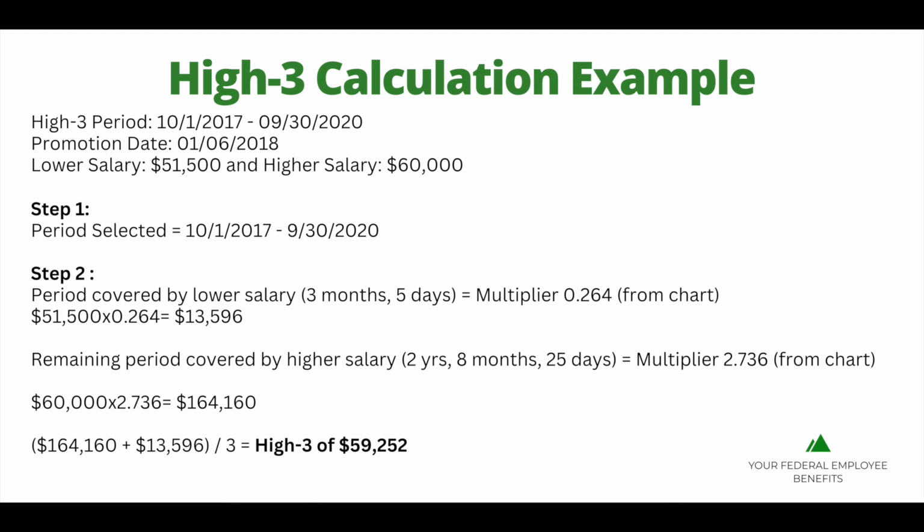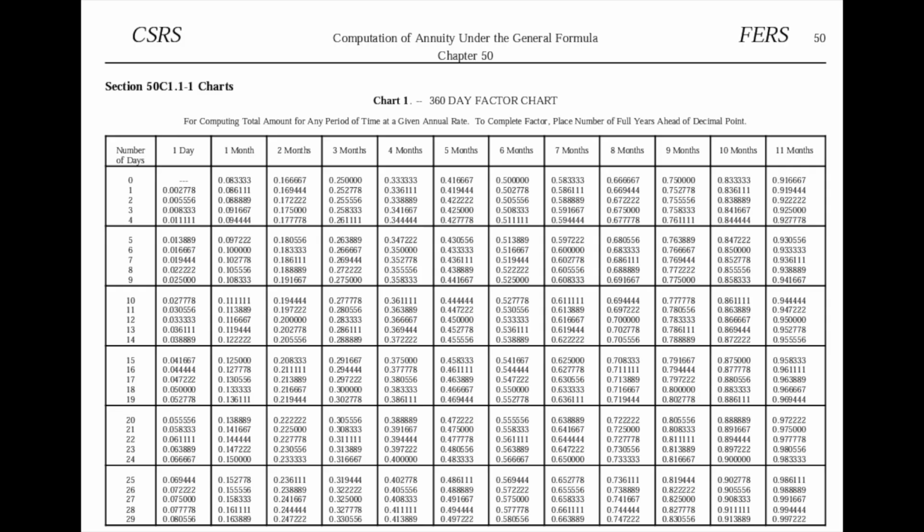His lower pay during this 3-month, 5-day period was $51,500. We're going to use a chart, and I'll put a link down below for it. This chart is called computation of annuity under the general formula. We find the period for this lower pay: 3 months, 5 days. Find 3 months on the top row, go down the column, and find 5 days.